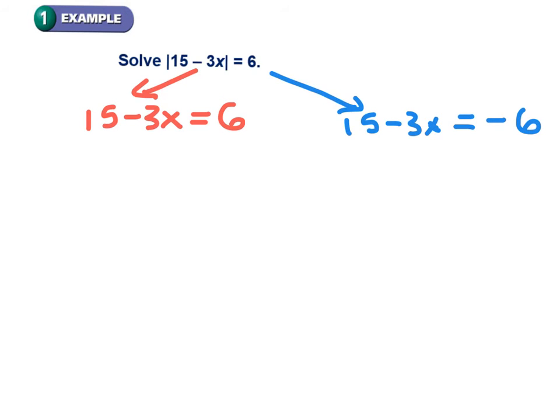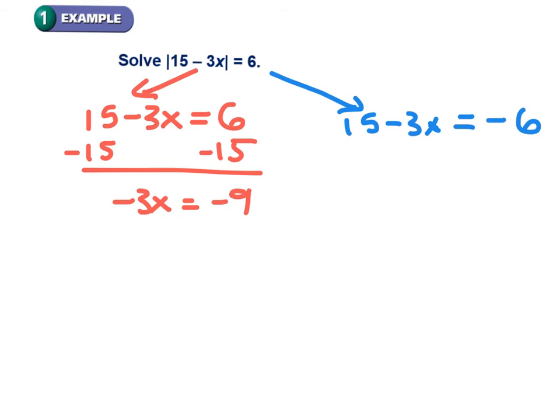Now we're going to solve the two equations separately. To solve our first equation, I would first subtract 15 from both sides. So I would have negative 3x equals negative 9, and divide both sides by negative 3 to get x is equal to positive 3.